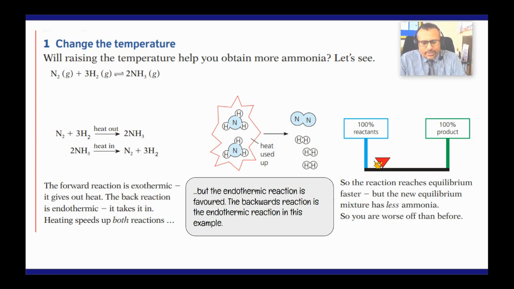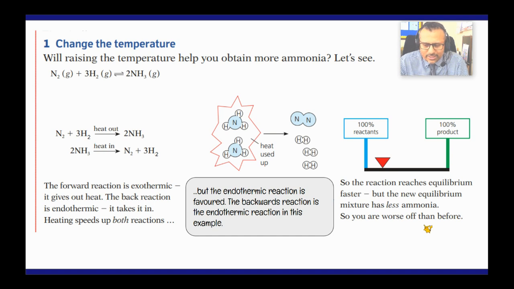So to conclude with the issue of temperature, does raising temperature help us to obtain more ammonia? Initially, yes, but then you get to a point where it becomes counterproductive. In the initial part, you help speed up both reactions, both the forwards and the backwards reactions. So it's not a very good thing.